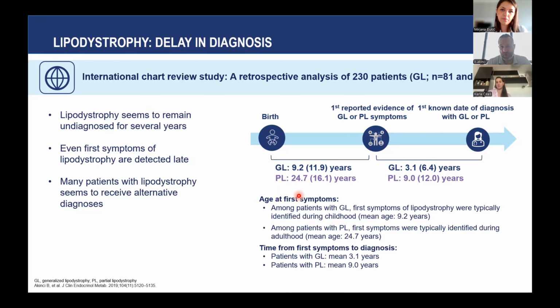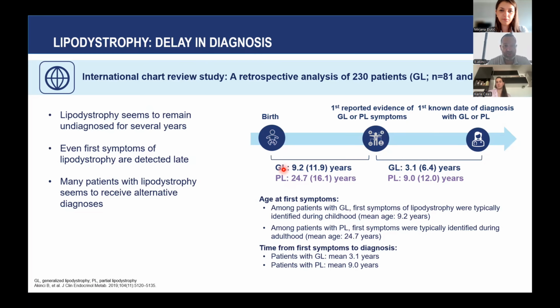Most of the patients in this study had congenital generalized lipodystrophy in the generalized lipodystrophy population. In this version, these people are born without fat. So typically, the disease can be recognized at birth, but still it takes time for them to come to a physician's attention.